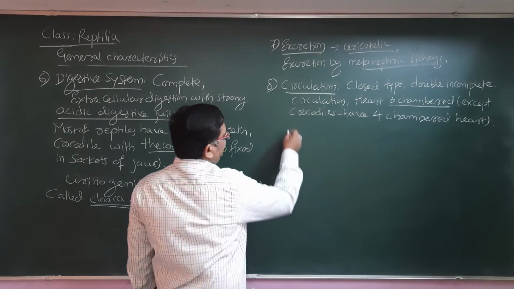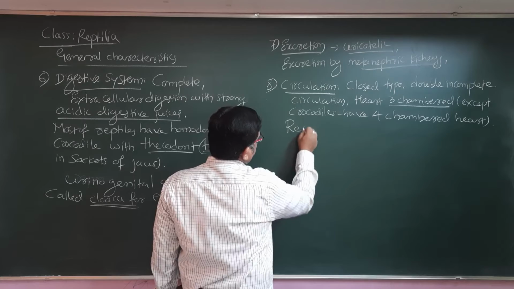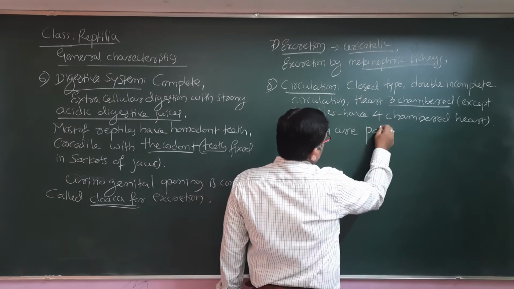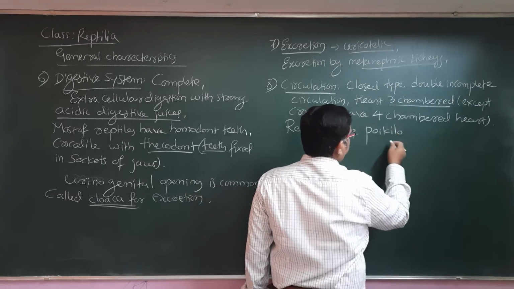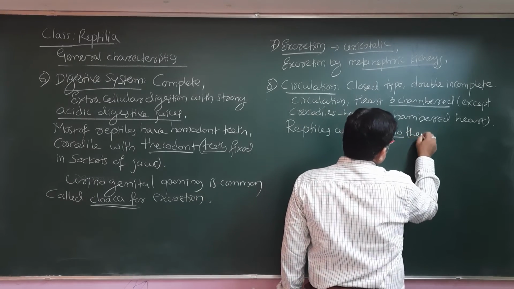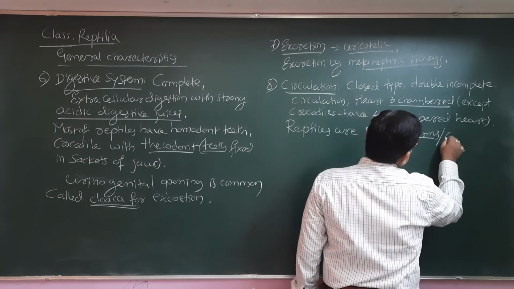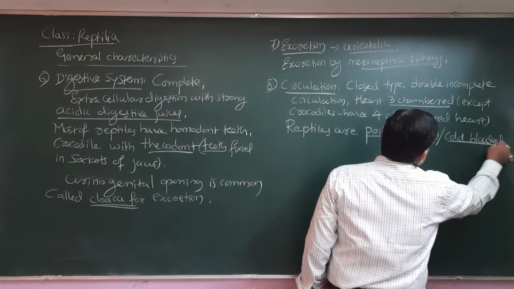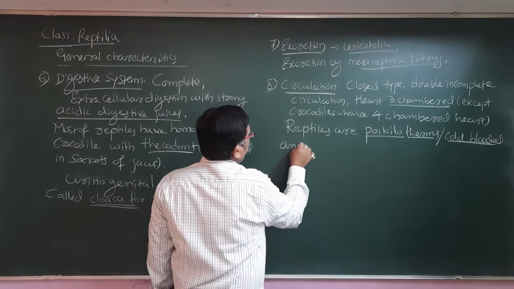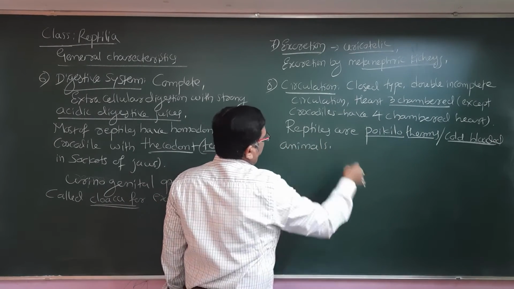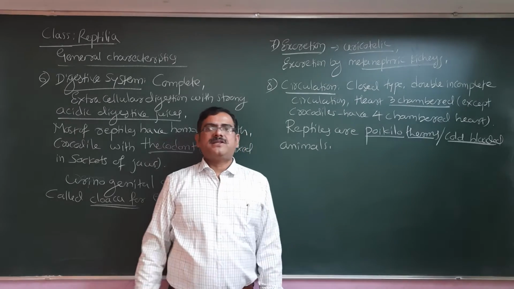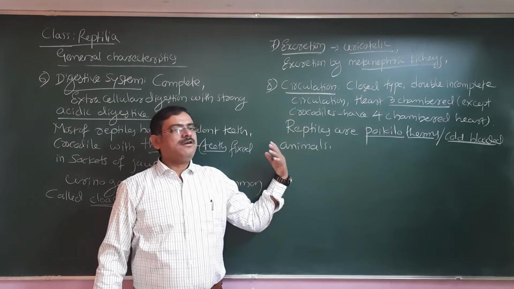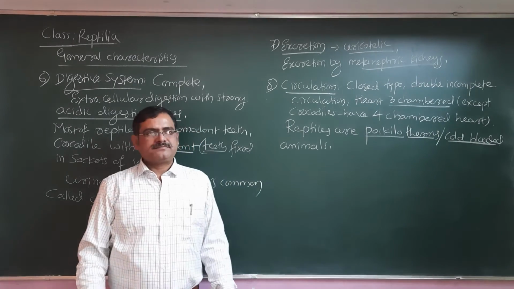Reptiles are poikilotherms, or cold-blooded animals. Why? Because they can't maintain a constant body temperature. Their body temperature keeps fluctuating according to the surrounding temperature.